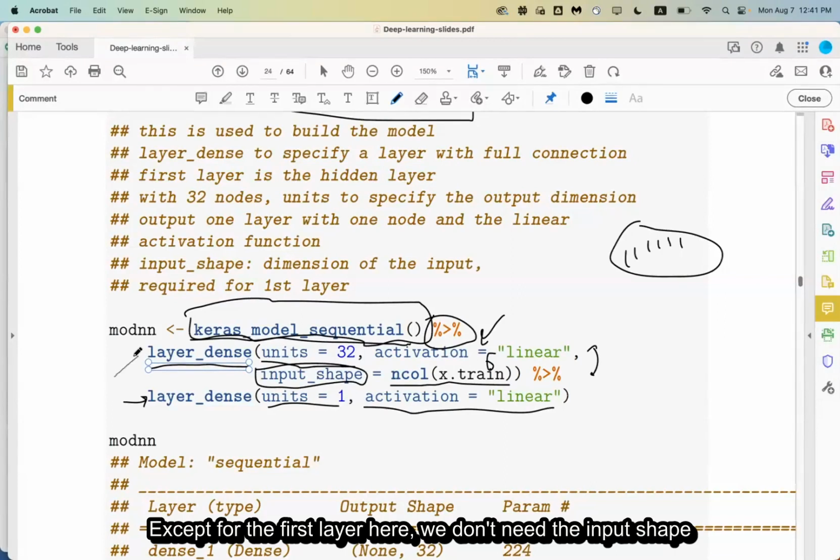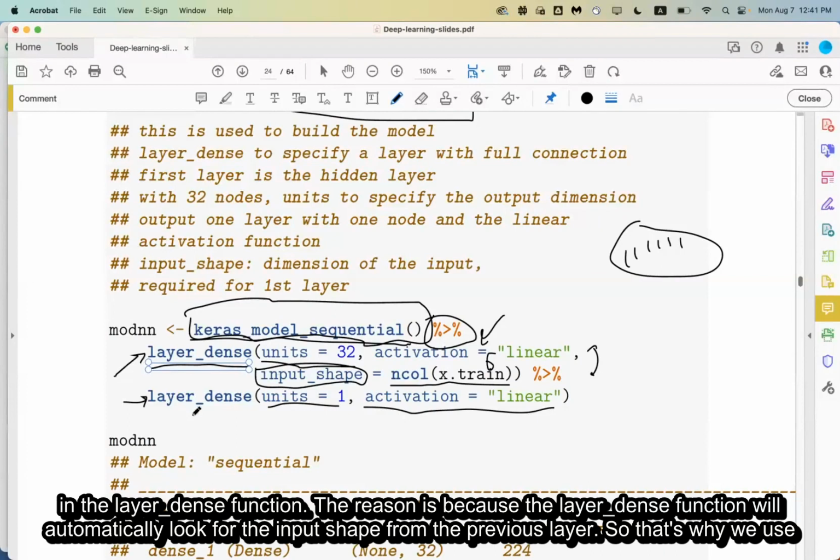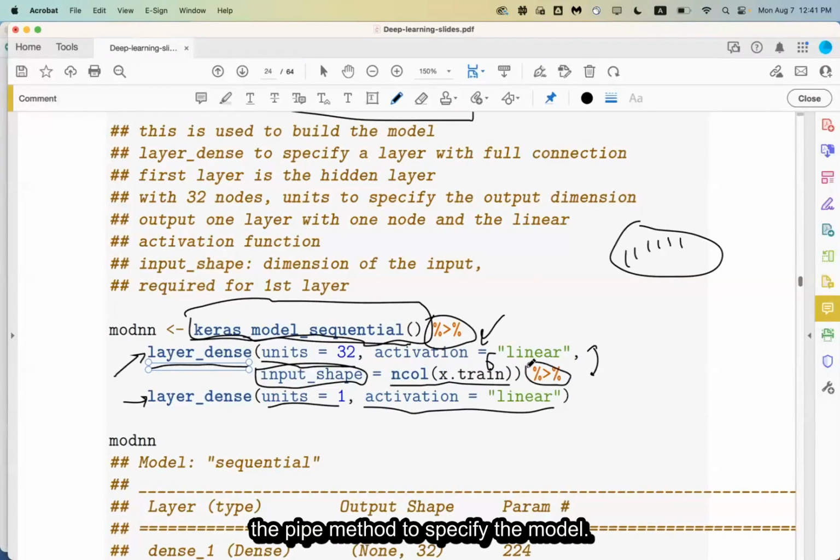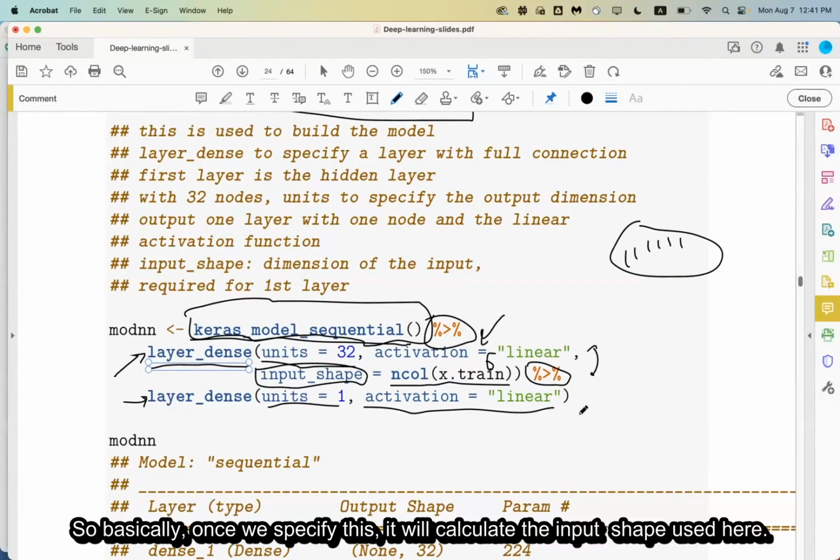Except for the first layer here, we don't need the input shape in the layer dense function. The reason is because the layer dense function will automatically look for the input shape from the previous layer. So that's why we use the pipe method to specify the model. Once we specify this, it will calculate the input shape and use it here.